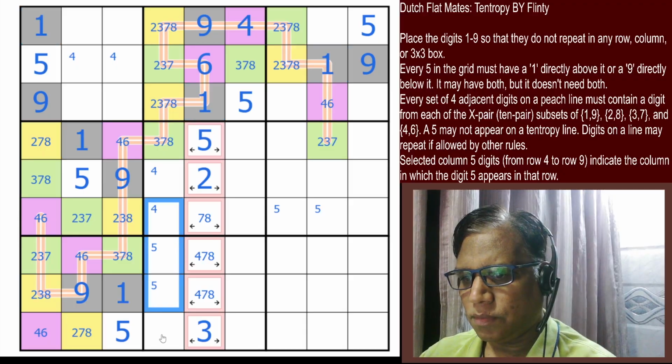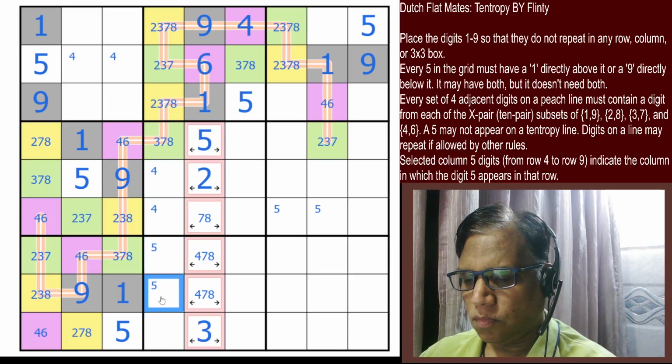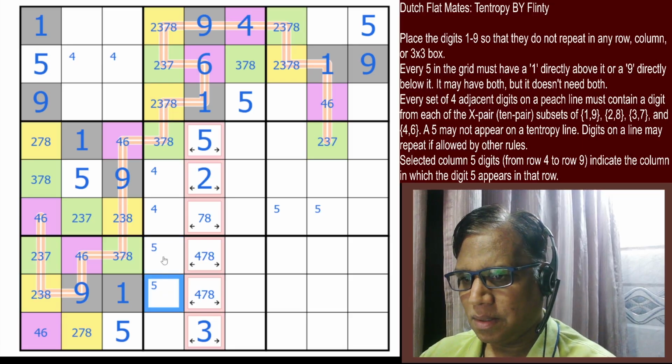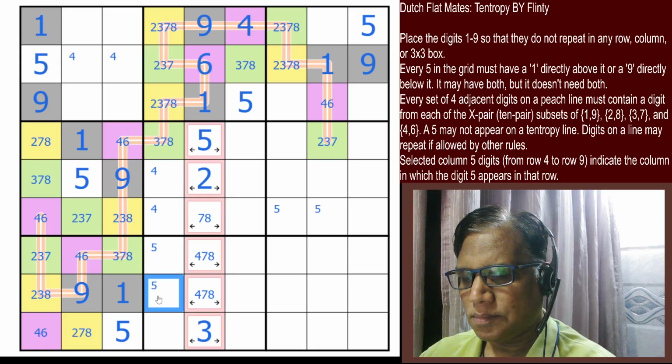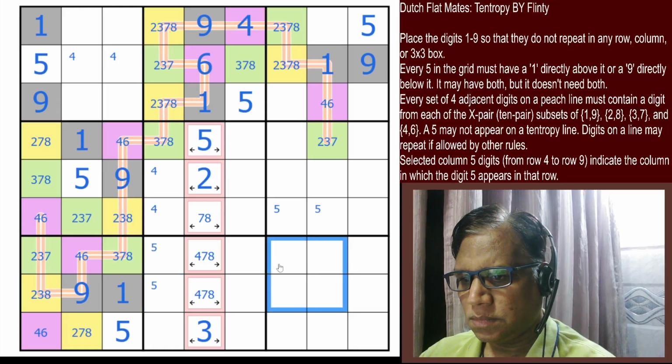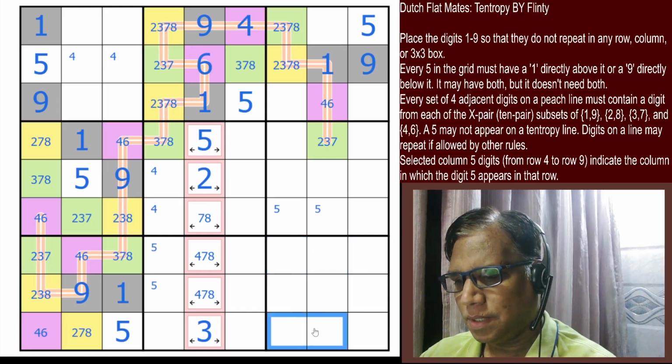That means one of them, that's not 1 9 definitely. That could be 1 or 9. That could be 1, that could be 5. If that's 5, that could be 1 9. Okay. 5 is not here definitely, so 5 is here. But if that's 5, that could be 1 or that could be 9. Both are possible, everything is possible. Okay?